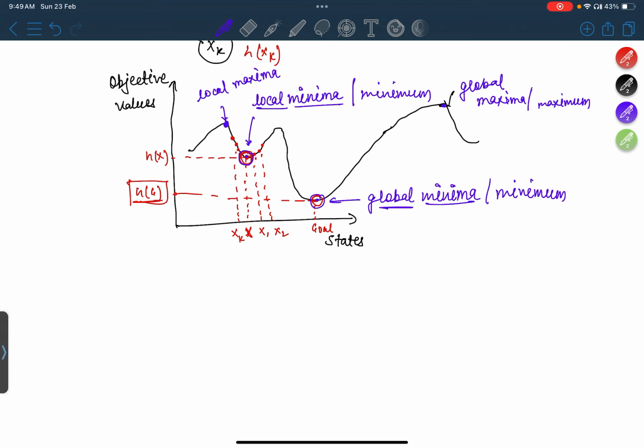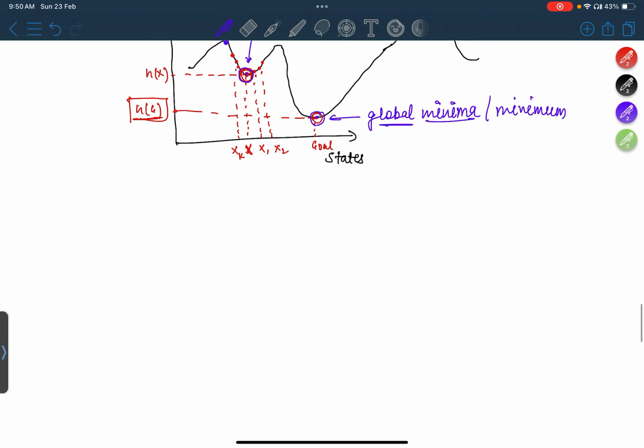So this is one limitation of hill climbing: it gets stuck at a local minimum, or a local maximum if you are talking about a maximization problem.